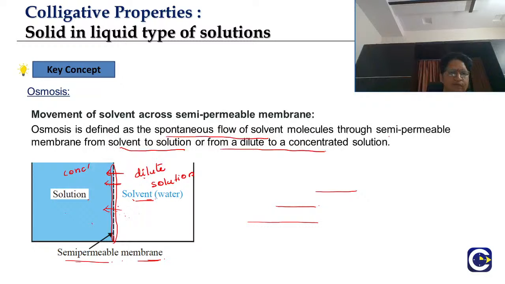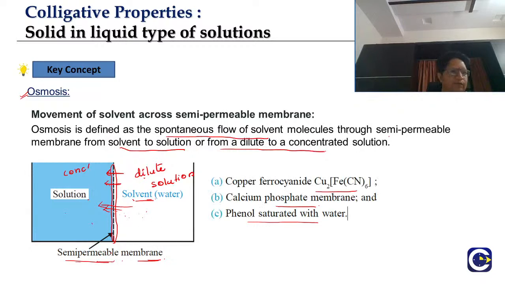When solvent molecules move from pure solvent to a solution through a semi-permeable membrane, we call it osmosis. Examples of semi-permeable membranes: parchment paper, copper ferrocyanide, calcium phosphate, phenol saturated with water. Remember the examples.